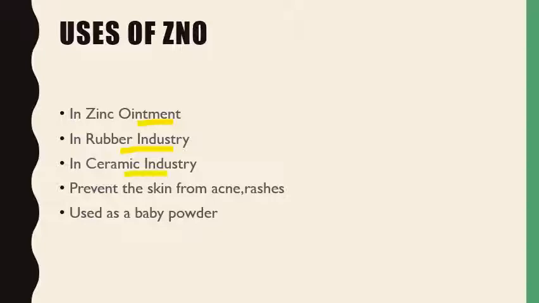In the ceramic industry, due to its high thermal conductivity and high temperature stability, it is used. It is used to prevent the skin from acne and rashes. So as a medicine for the skin, it is used as a baby powder.